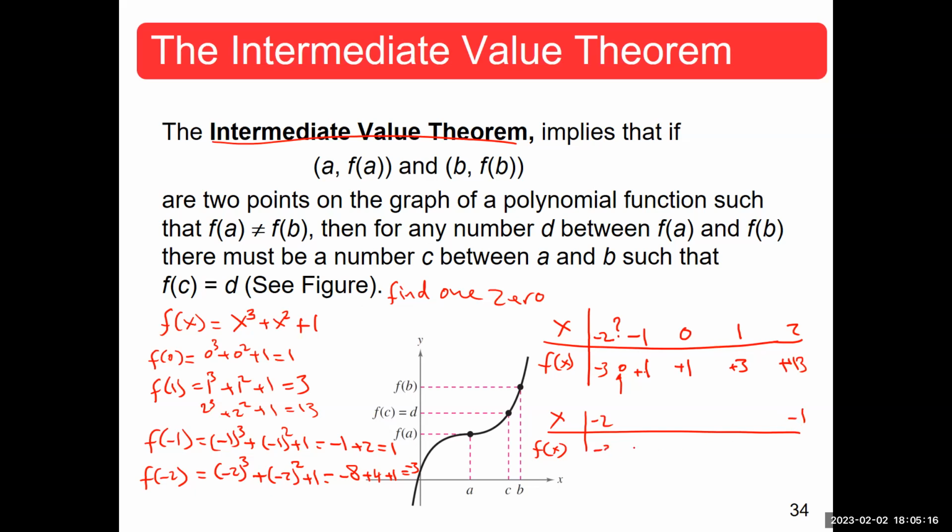Here I have negative 3, and here I have positive 1. So there is a method. You can try negative 1.1, 1.2, 1.3 until you reach negative 2. But that's a very long way to do it.